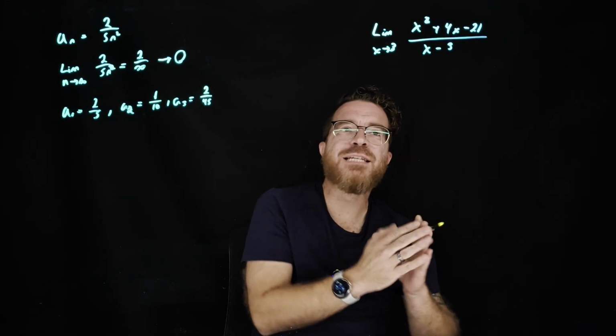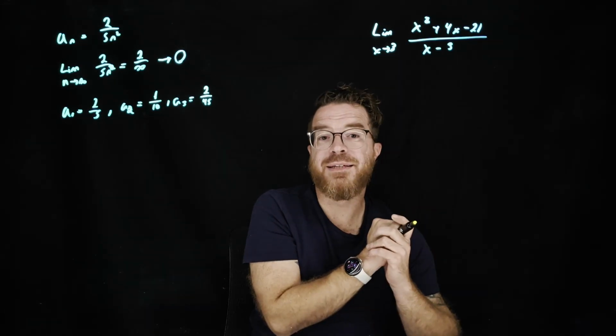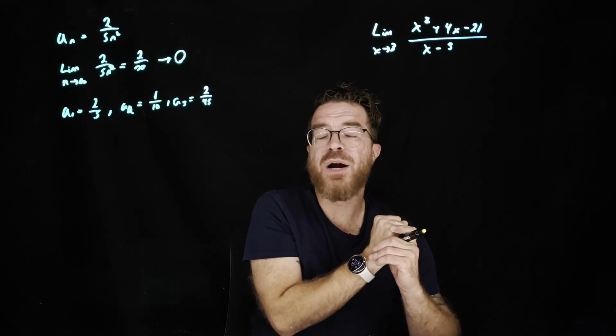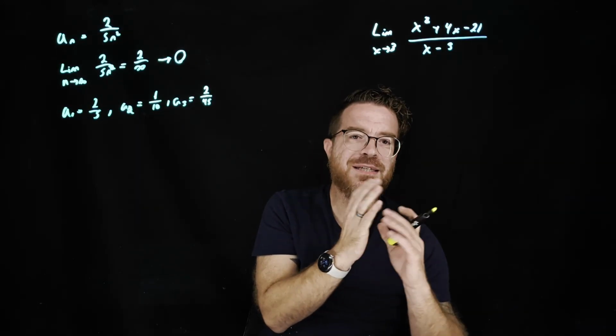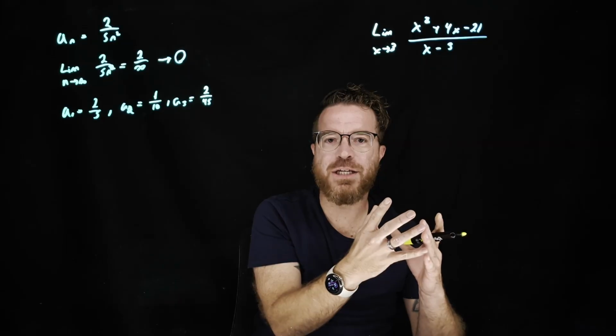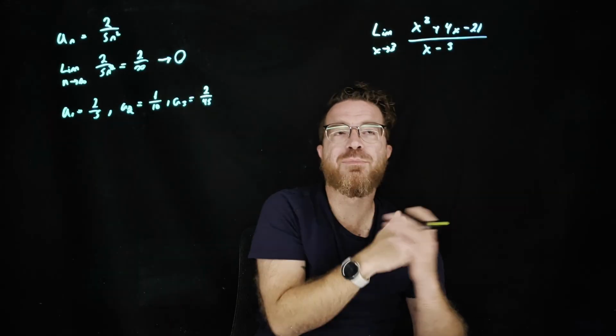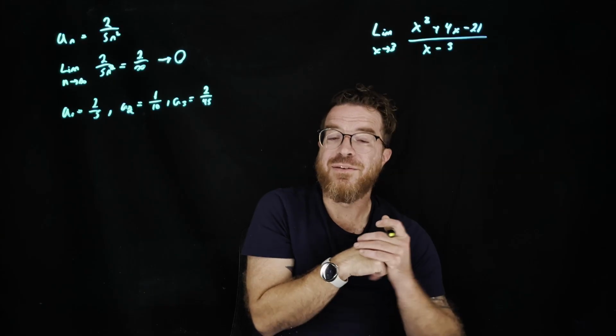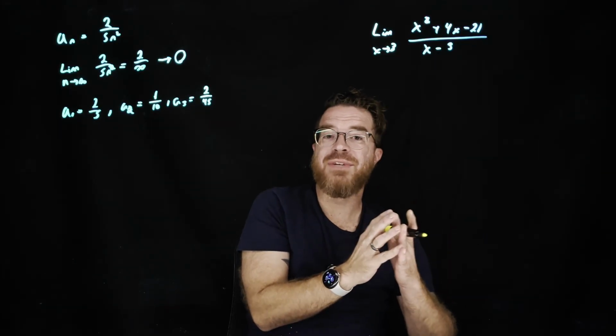But actually in this case, because I have x minus 3 in the denominator, and I have some sort of square term up top, I'm assuming that this is going to actually have some cancellation. So let's see if we can actually break out this x squared plus 4x minus 21 and factor it and see if we have any cancellation.